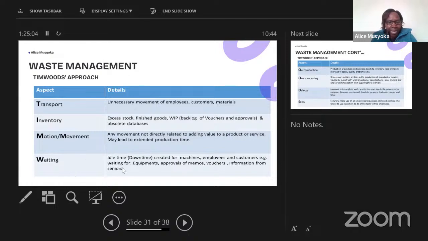We come to waiting. Waiting is about idle time or downtime created for machines, employees, and customers. For instance, waiting for equipment, approvals of memos, vouchers, information from seniors.